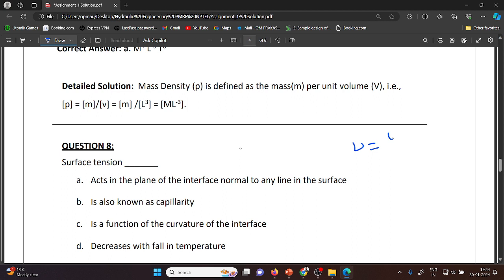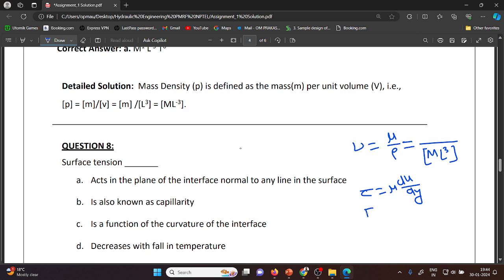So your mu is equal to dynamic viscosity, and rho. Viscosity unit is Newton second per meter square. Let's suppose anyone does not know, so what will he do? Tau is equal to mu times v by y, the formula everyone knows.